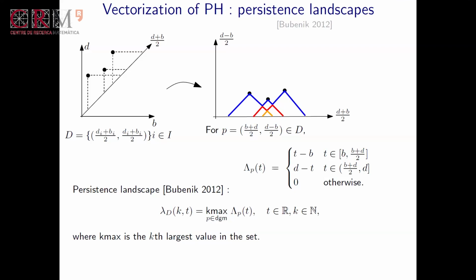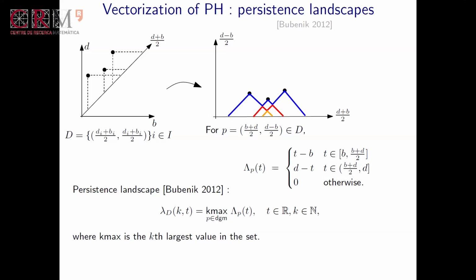So how do we build the persistence landscape? A persistence landscape is a family of functions defined on the real line, taking real values, indexed by the natural integers. Or if you prefer, a function on R cross N, where N is the set of natural integers. The way we do it, I'm just doing it by hand, is that you start with a persistence diagram D, and first you rotate your diagram by 45 degrees, just to put the diagonal horizontal.